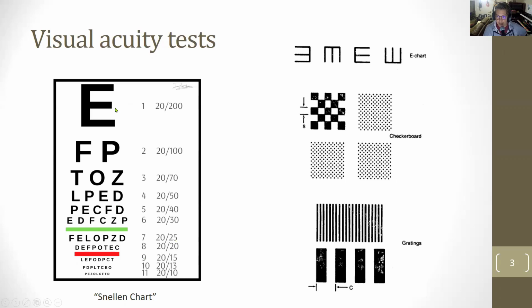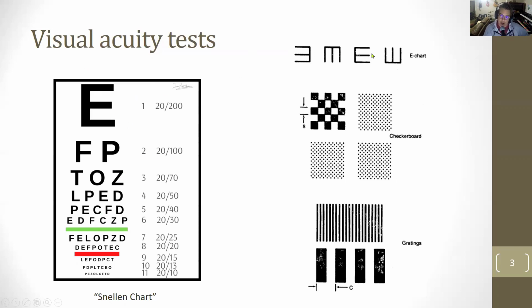Essentially you stand a predefined distance away, and in fact I just saw this the other day when my son was doing a driving test. They ask you to read as far down as you can still resolve the characters. If you've ever had an eye test at an ophthalmologist, it would be a similar sort of test. Now, the Snellen chart is not the only one.